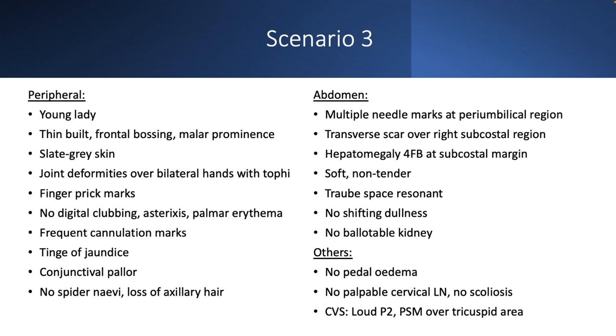Dr. Wu, can you tell me what you have found in this patient? I believe this patient has a chronic hemolytic anemia, evidenced by the presence of jaundice and hepatomegaly. However, there's no splenomegaly. There's also frontal bossing and malar prominence suggestive of extramedullary hematopoiesis. There's also evidence of pulmonary hypertension with loud P2 and parasternal heave.